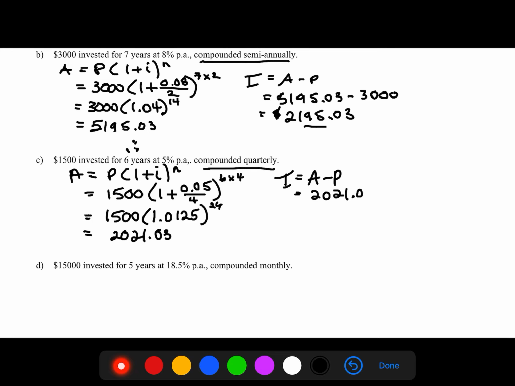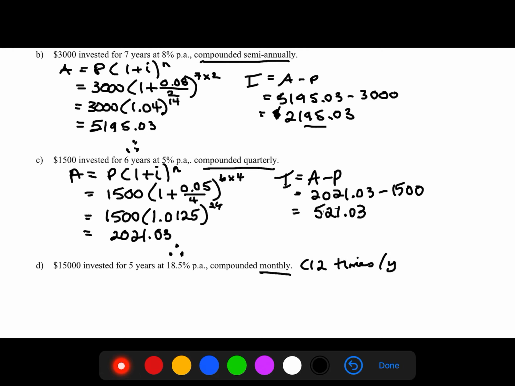When we do that in our calculators, we get $2,021.03, which means that our interest is going to be what we have at the end, subtracting what we put in. So we have $521.03 in interest. And again, we'll do a therefore statement just stating exactly that.